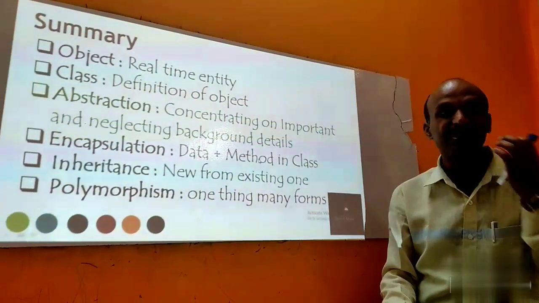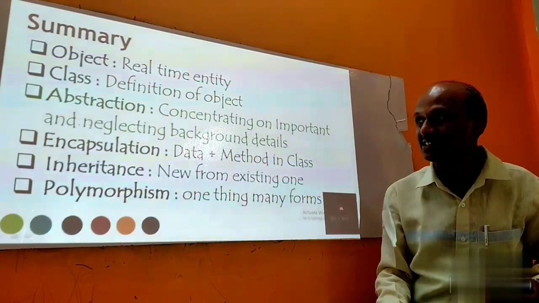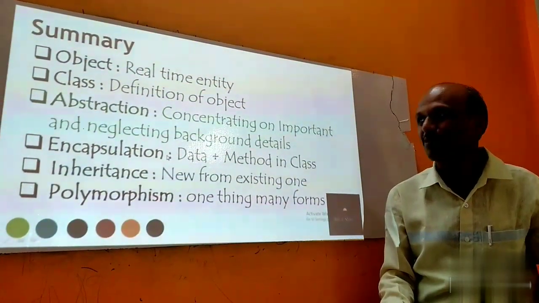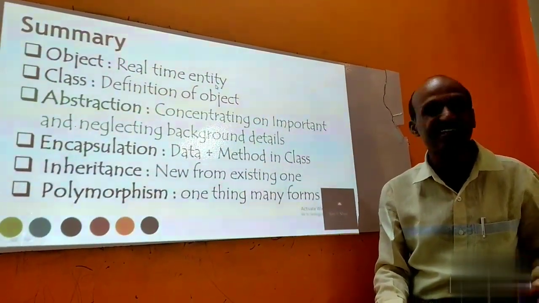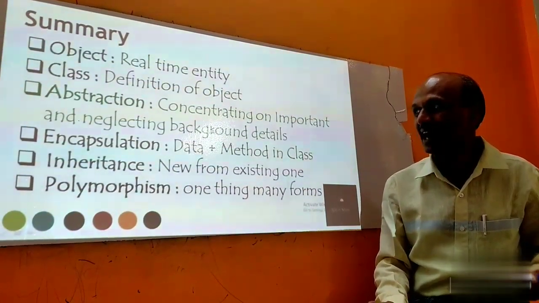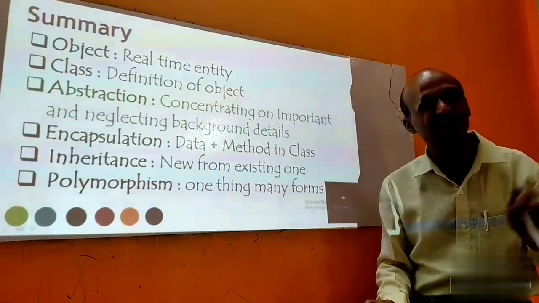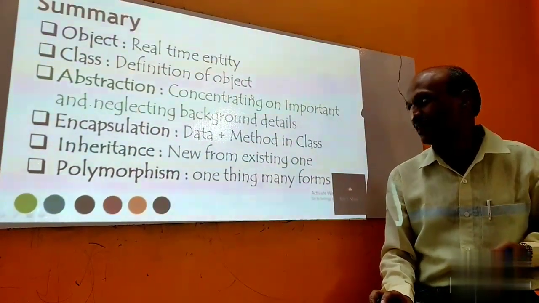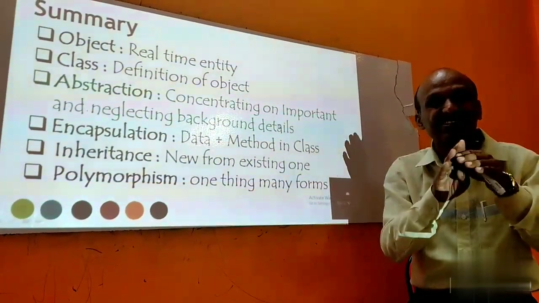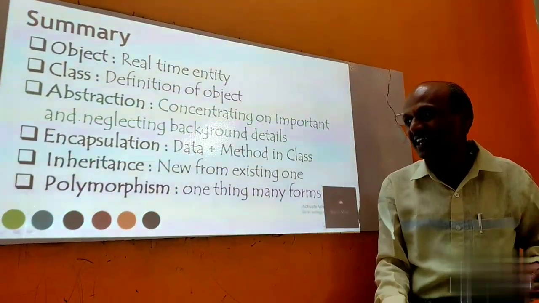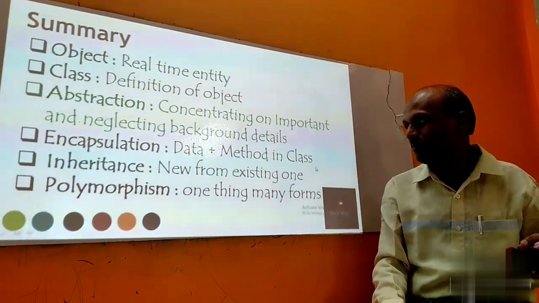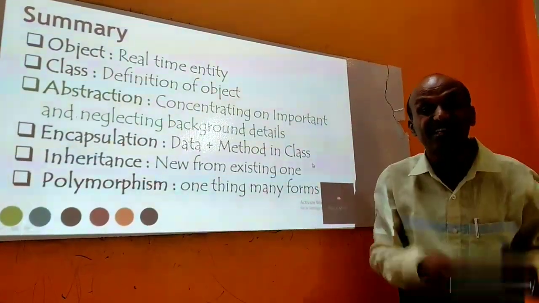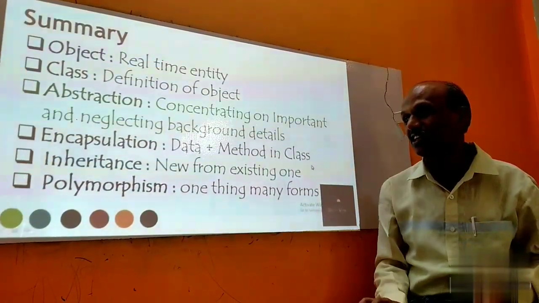So the summary of this session is, we have seen these many concepts: object, class, abstraction, encapsulation, inheritance, polymorphism. Object, real-time entity. Class, definition of object. Abstraction, concentrating on the important thing, neglecting other background detail. Encapsulation, data plus method in a class, or wrapping the things together with some cover. Inheritance, a new form from an existing one, creating new classes from existing classes.